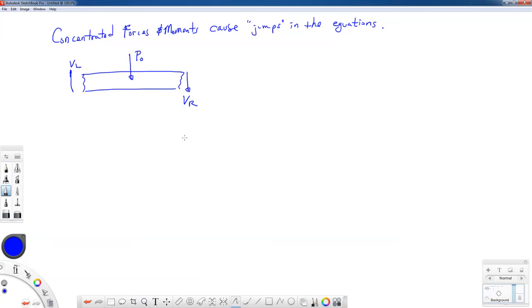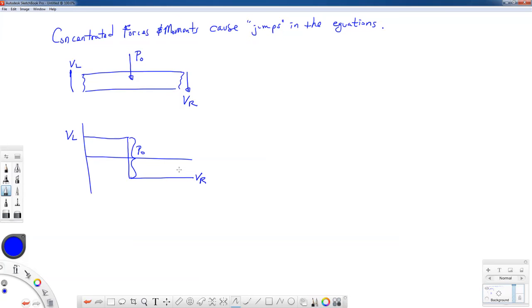As I go from left to right in my beam, I will have a downward jump in my shear force diagram since the load is directed downward. As we approach from the left and go to the right, we have this discontinuity, and then it continues on. At this position, the shear force is VL. This jump is value P0, and this value down here would be the shear force on the right.